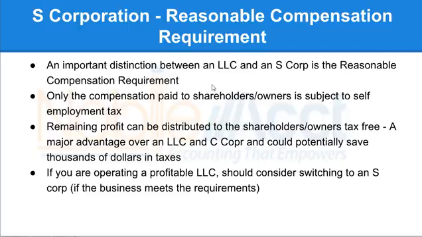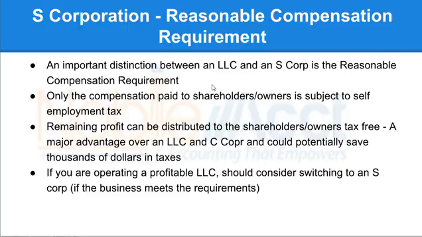If you recall, under the LLC, the entire amount of income received from the business was subject to the self-employment tax, and the owners of that LLC had to pay 15.3% self-employment tax on the business income. Under the S corporation requirement, only the reasonable compensation received by the shareholders from the business is subject to the self-employment tax.